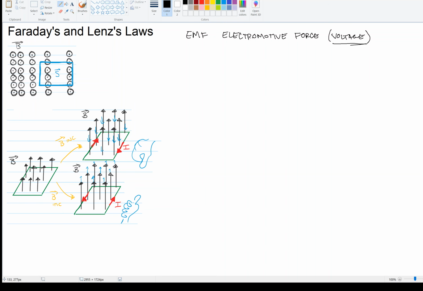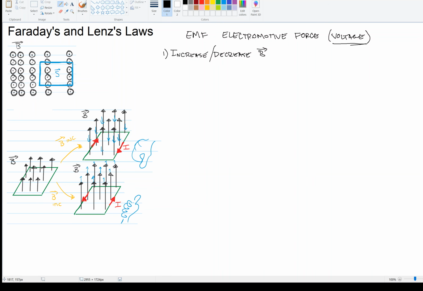Now, in this example, I count four ways to change the flux of B through S. So let's talk about the ways of changing that flux. One is that we can increase or decrease B, that is, make B time varying.